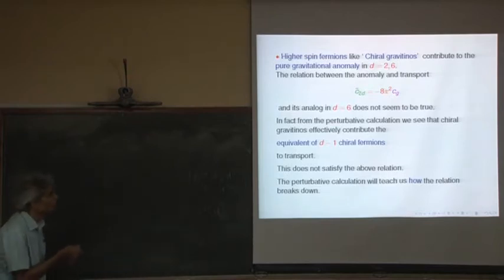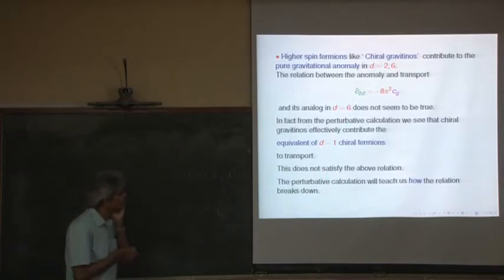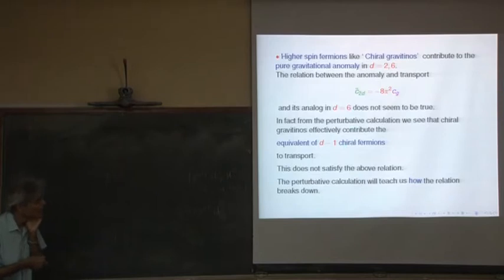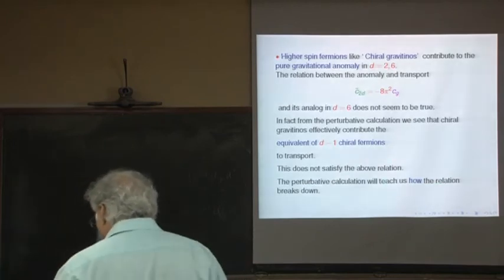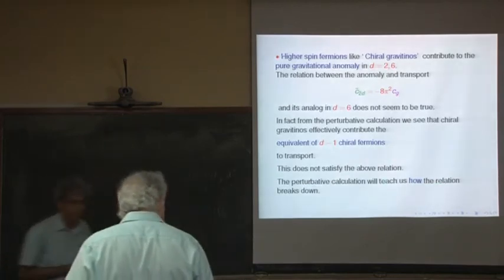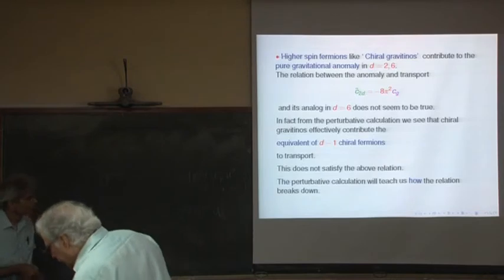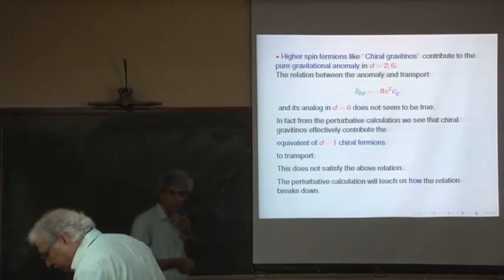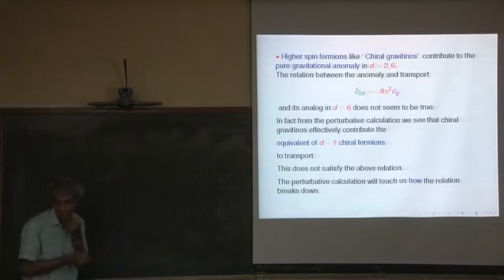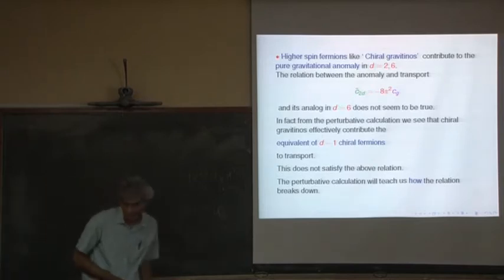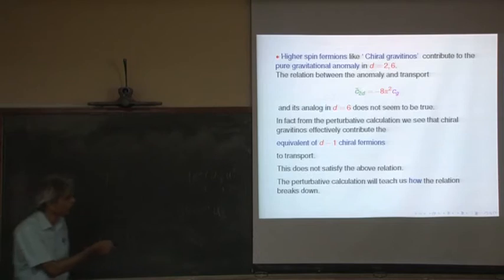In fact, from the perturbative calculations, we see chiral gravitinos effectively contribute the equivalent of d minus 1 chiral fermions to transport, so it doesn't satisfy the above relation. What the perturbative calculation will teach us is how exactly this relation breaks down, at least in perturbation theory.